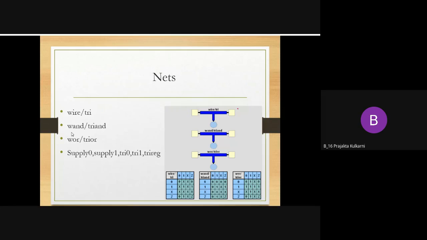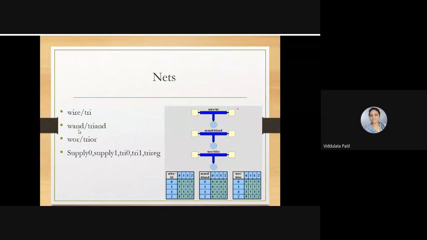Ma'am, it is used to represent the physical connection. Okay, so here you can see that it is the wire where there is a physical connection between the two gates. That is the wire.